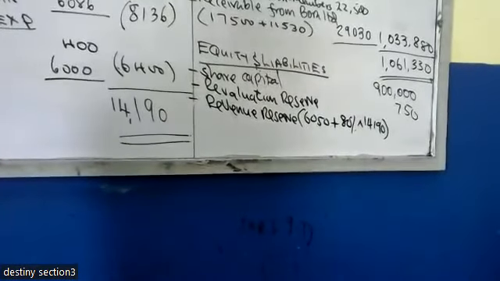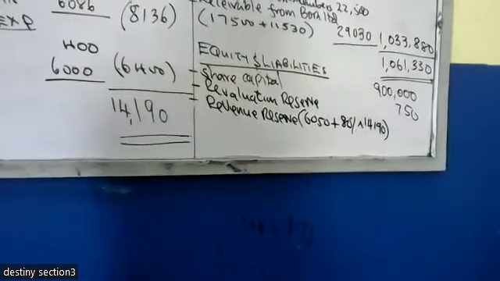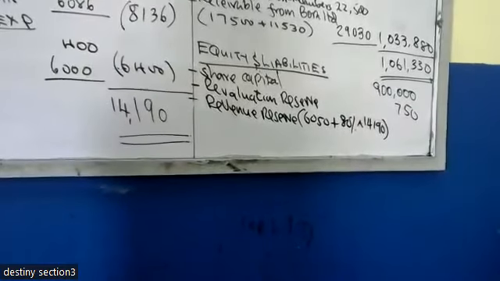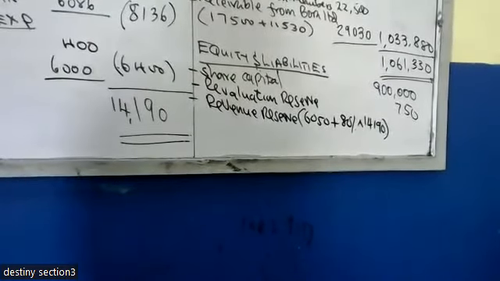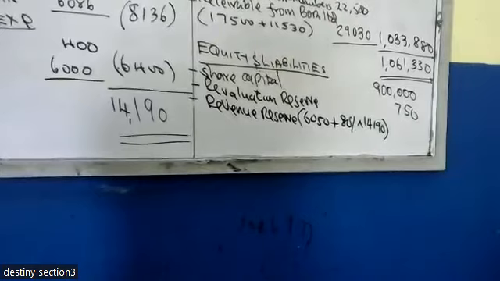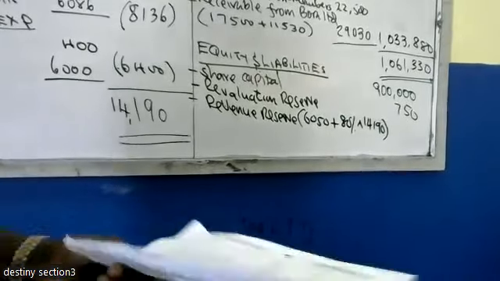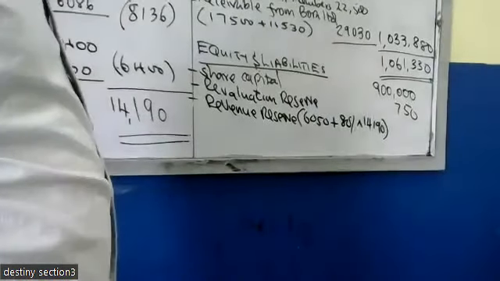So you don't post the whole amount. You get 11,352. 17,402.